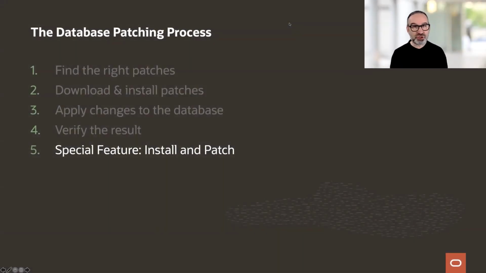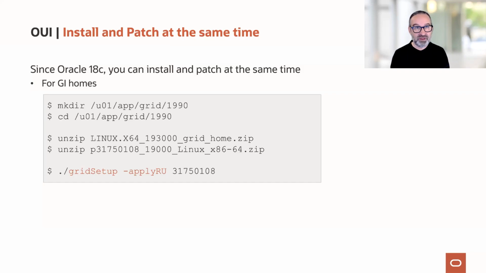Now we would like to show you, at the end of this presentation, a special feature: patch when you install already. This is something I personally like a lot, and I think we don't advertise it publicly visibly enough.